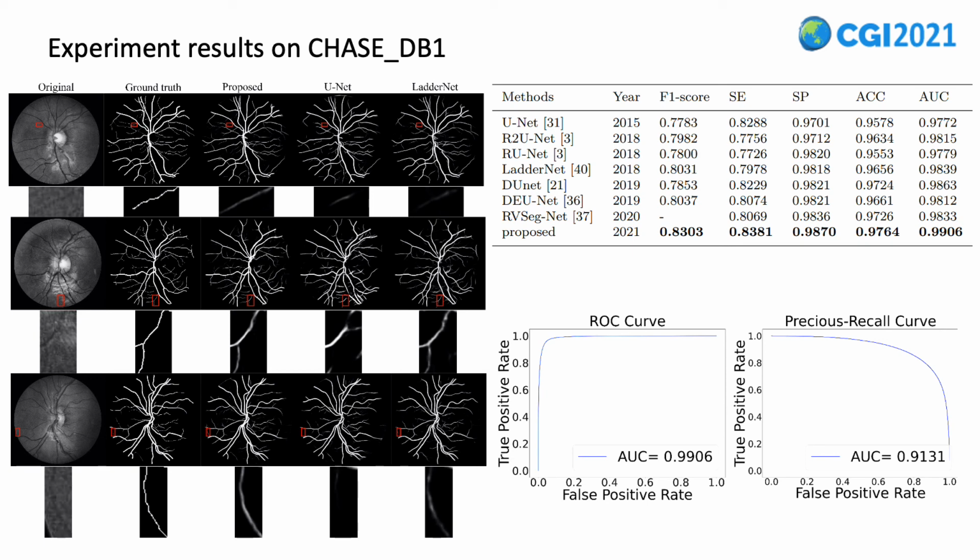By analyzing these tables, we found our model tends to oversegment when it encounters more capillaries in the picture, which results in the lower specificity in DRIVE and STARE datasets, and indirectly lowers the F1 value.